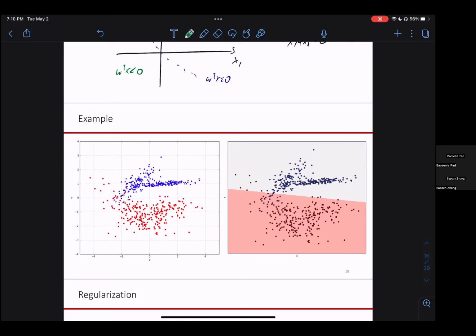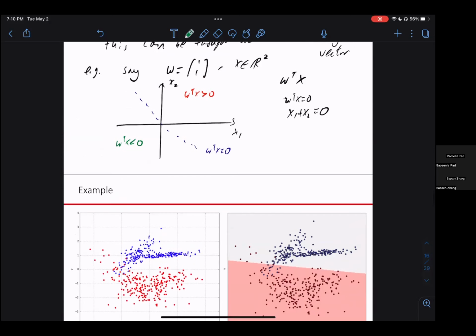Okay, so your next homework is basically something like this. You'll be given a bunch of dots, and you're asked to minimize cross entropy, which your computer will do for you. And then you get a W. What the homework asks you to do is draw the line. What drawing the line means is drawing a picture like this.